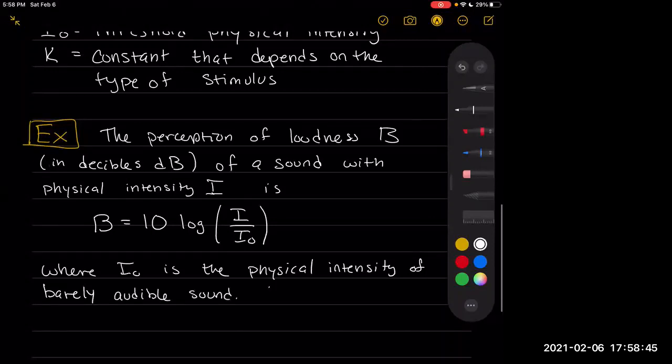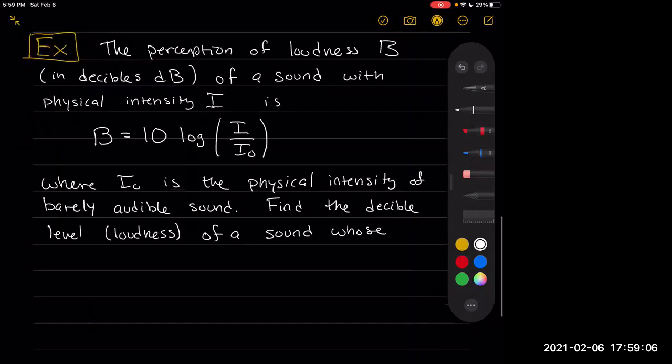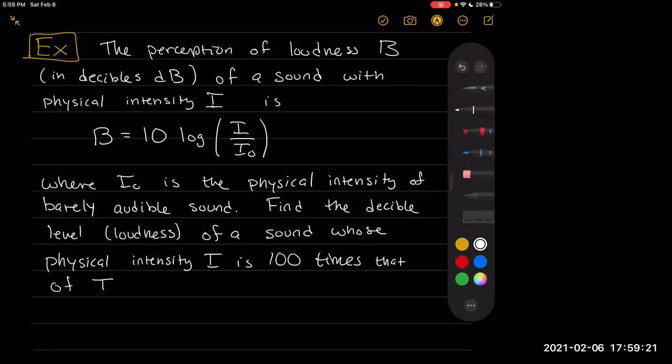So we're going to find the decibels, or the loudness, of a sound whose physical intensity is 100 times that of our I naught.